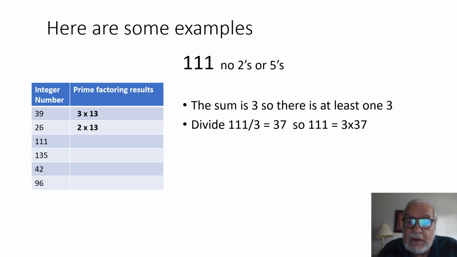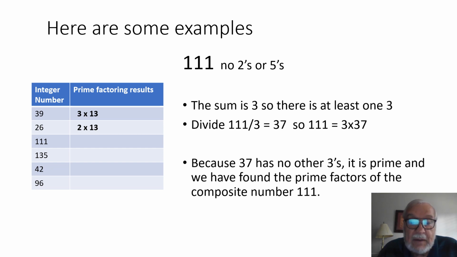That makes 21. 3 goes into 21 7 times. So 111 becomes 3 times 37. All right, and because 37 has no other 3's in it, the sum is 10, it is prime, and we have the prime factors of the composite number 111 to be 3 times 37.